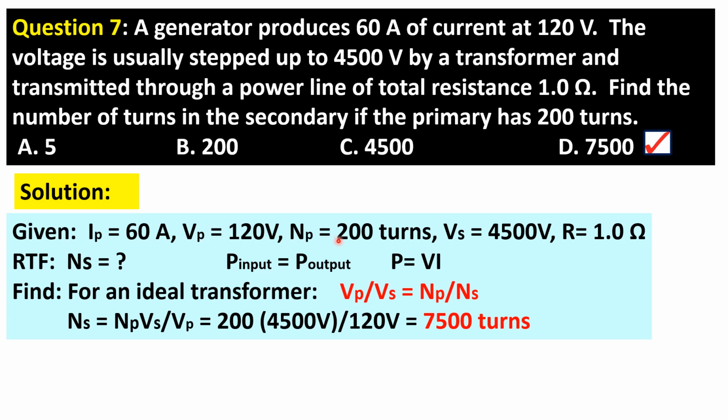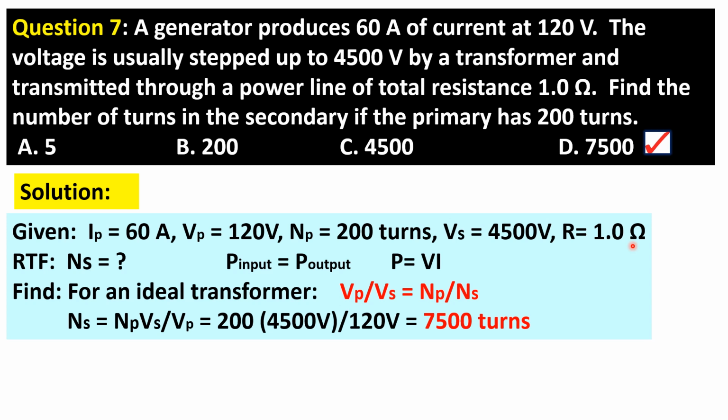The number of turns in the primary coil is 200 turns, and the voltage in the secondary coil is 4,500 volts with a resistance of 1.0 ohm. And then we are asked to find the number of turns in the secondary coil.